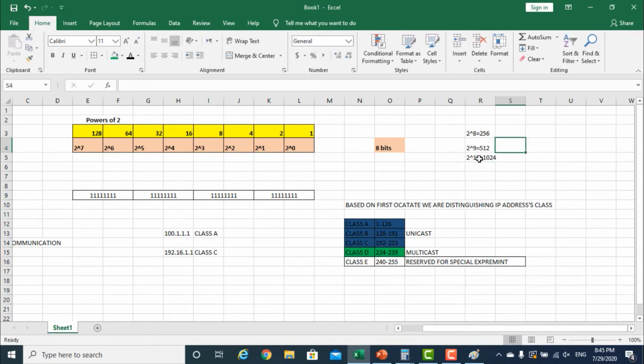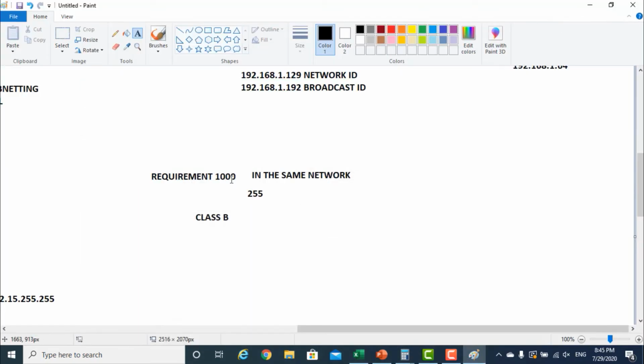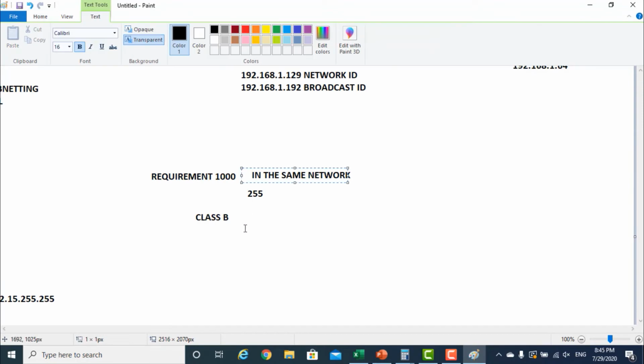Here I need 1000 valid hosts plus 2, obviously, so I need 1002 IP addresses. And 2 raised to power 10 is sufficient for me, which is equal to 1024.